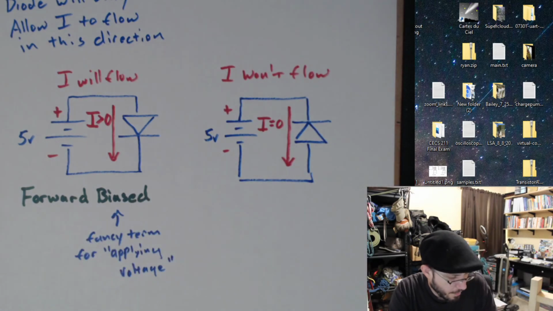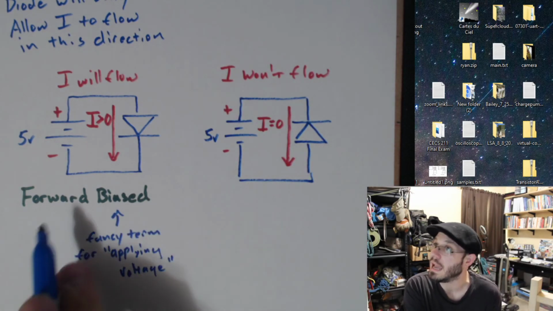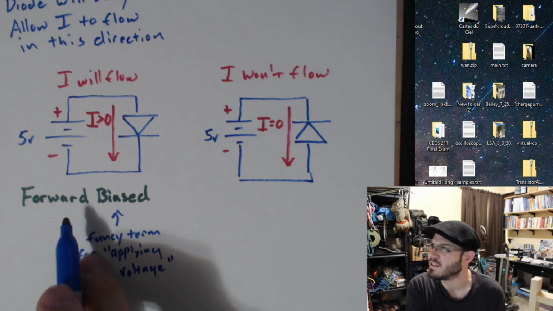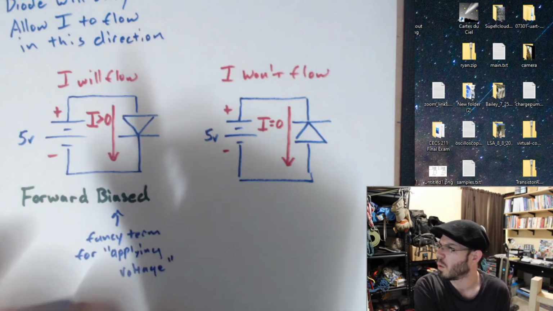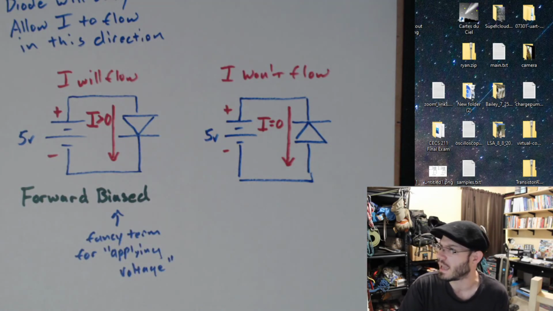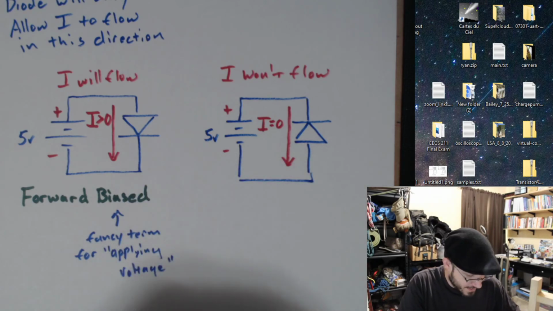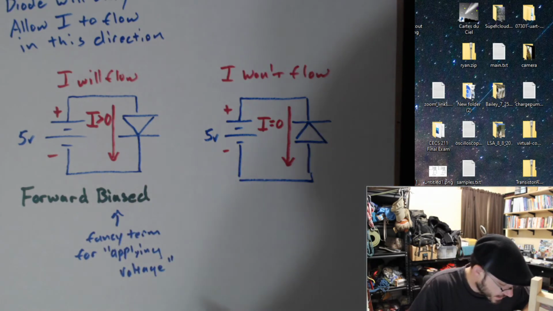So don't get caught up on the biased part. And forward, because we're putting the current forward relative to the diode.